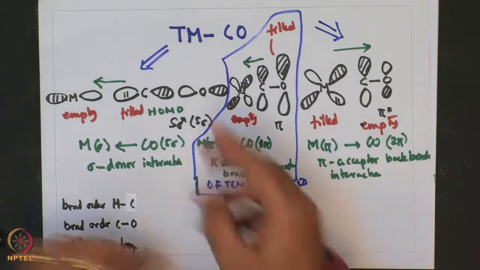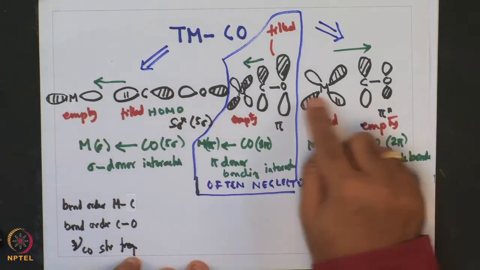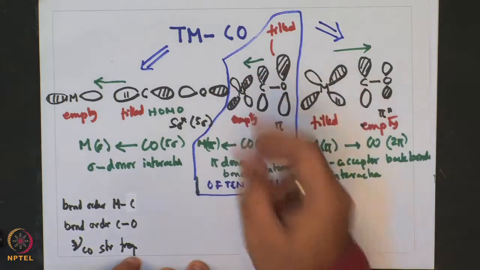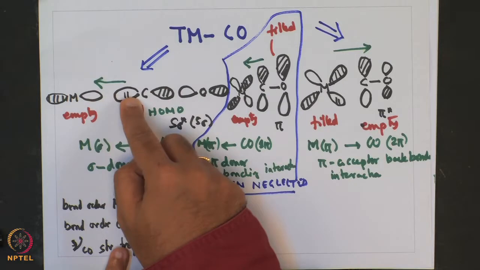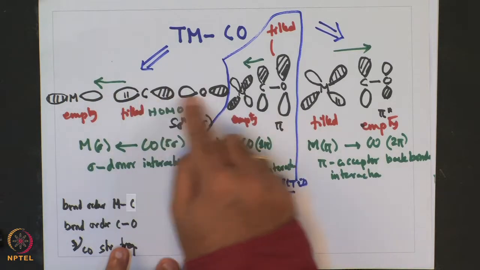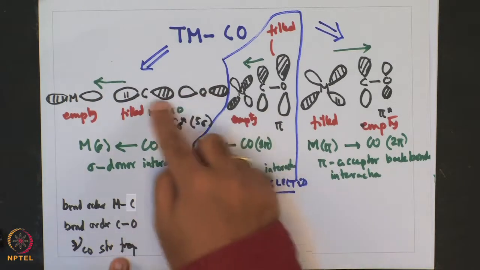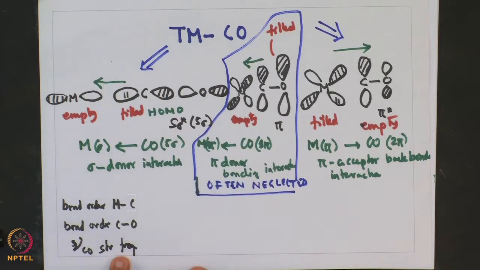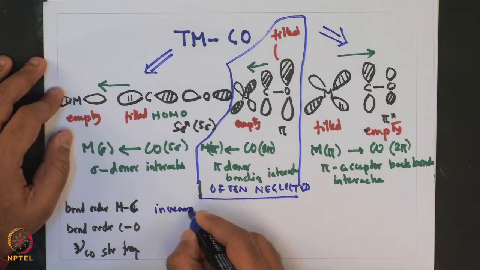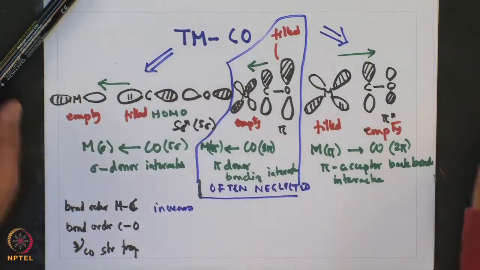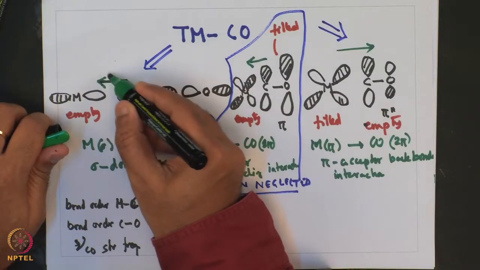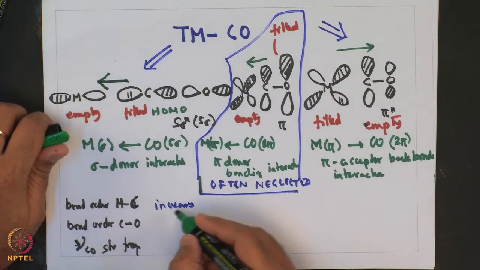So, as the forward sigma donation, backward pi donation, or forward pi donation take effect, it affects the metal CO bond order as well as the CO bond order, and as a result the CO stretching frequency increases or decreases. Now, what has been observed is that the metal C bond order increases because of sigma donation of the carbonyl. If this sigma donation increases, then the metal C bond order increases.